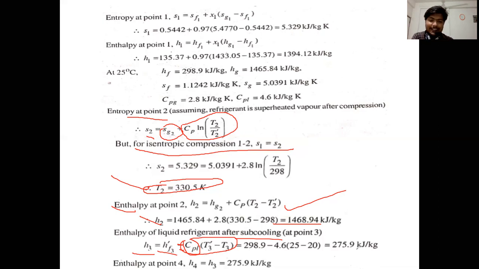So now H3 comes to 275.9 kilojoule per kg. Enthalpy at point 4, H4, equals H3, because the process 3 to 4 is an isenthalpic process, and this is the expansion.